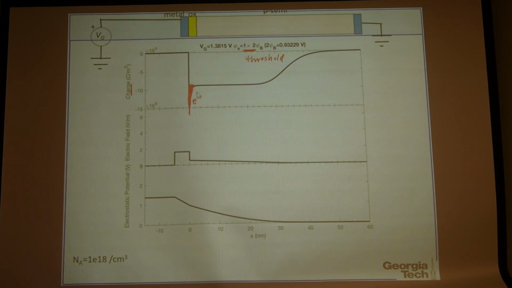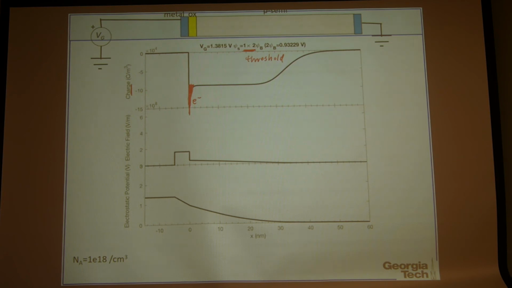And it is just at the surface, so that's why it's just a single layer, very thin. In reality, it's just a few nanometers to the surface. So you are going to build up the inversion charge. So this is the threshold condition.